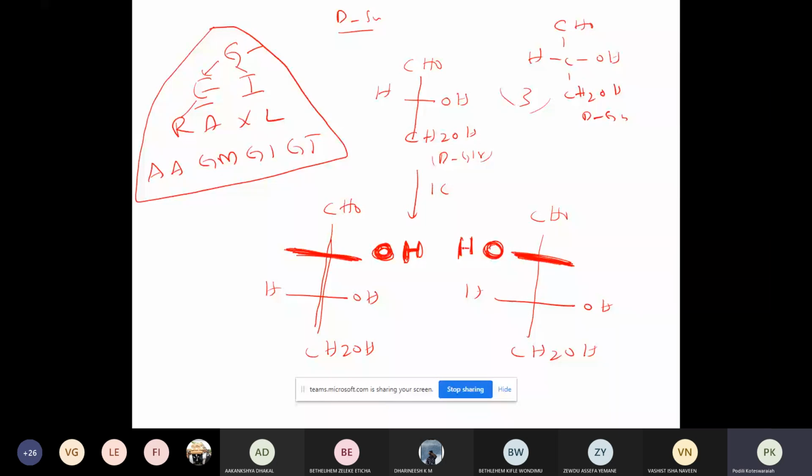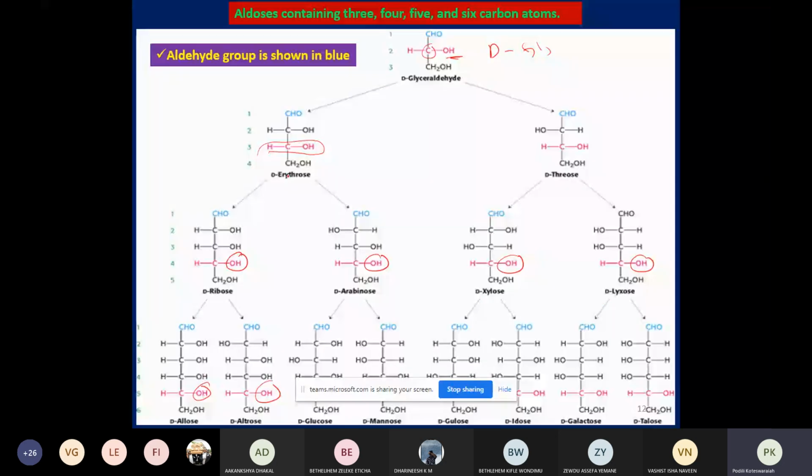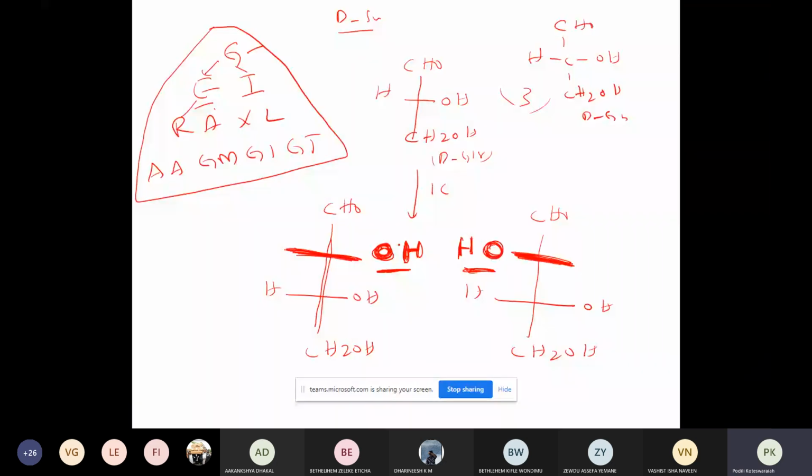When you place hydroxyl on the right, then the left becomes H. When you place hydroxyl on the left, then the right side becomes H. So this is D-erythrose, and this is D-threose.